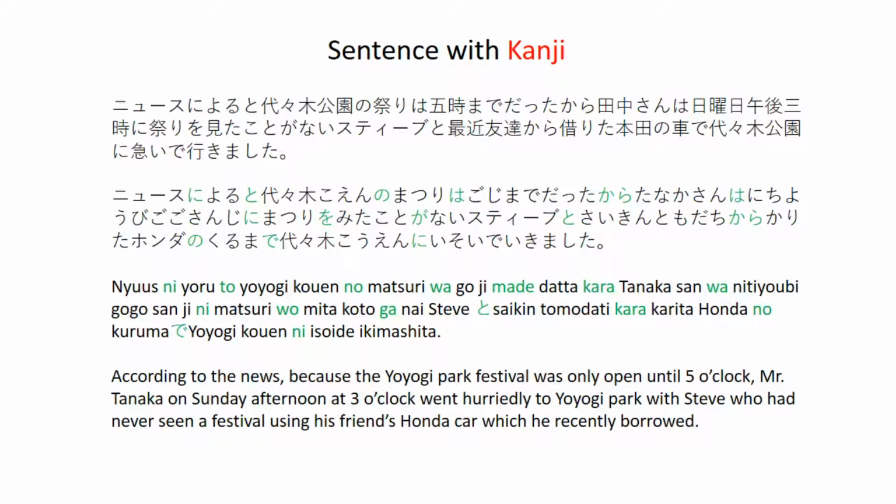So because of this relative clause, Tanaka-san wa, again the topic of the sentence, wa 5時 ni, indicating time, Matsuri o mita koto ga nai Steve. So Matsuri o mita koto ga nai is the experience. Steve, who had never had the experience of seeing a festival.